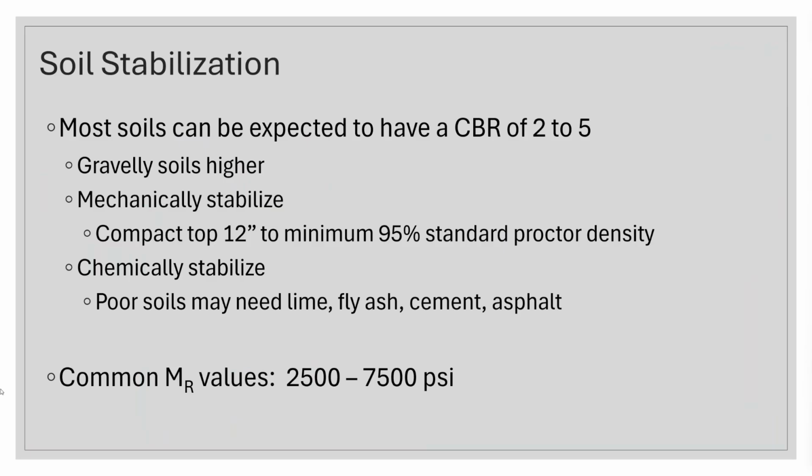And then once you've done that, you might see your resilient modulus values bump up a little bit and be in the range of 2,500 to 7,500. So we're not getting huge gains overall, but definitely helping create not only something that is a little bit more stable, but also something that is more consistent. So we want to have a consistent density across the entire area that we're going to place that pavement.